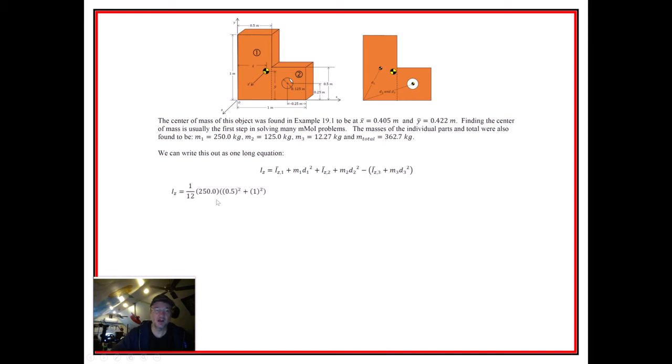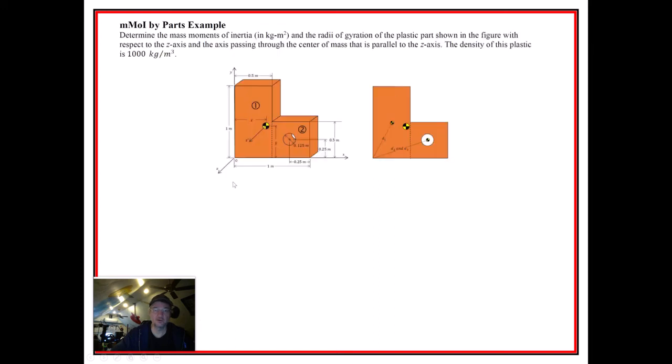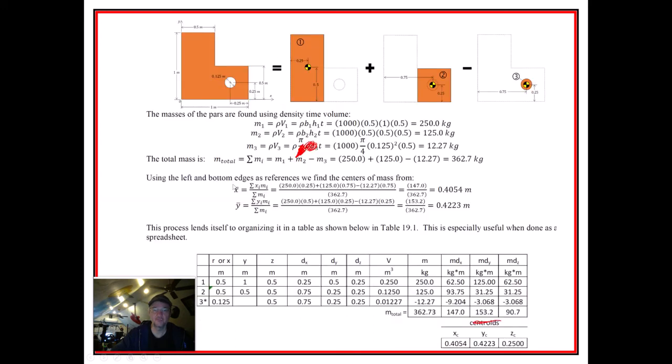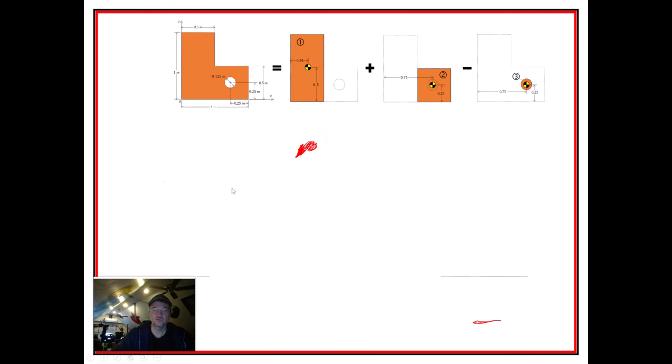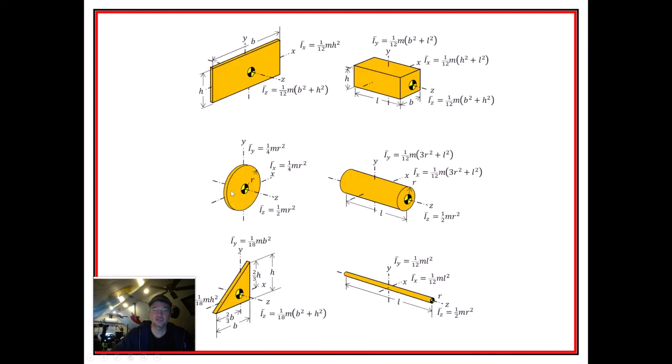So we look up what the rectangle is, right? And so if I go to my charts right here. Lots of things. All right, so we go to this guy right here. This is the one we're going to use, and we see that it's 1/12 m (b squared plus l squared). That's about the z-axis, the one that we're showing right here.